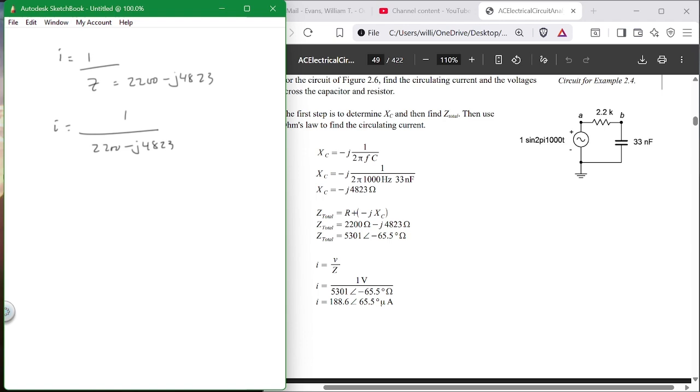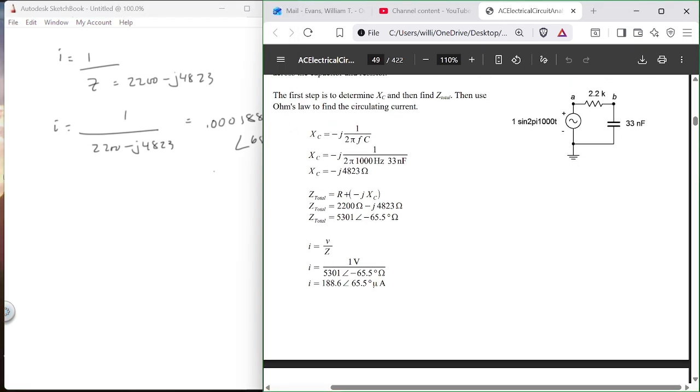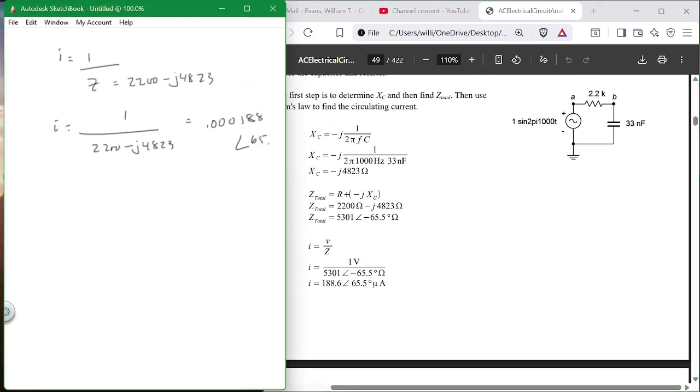Option down, 1 equals. What is that? 0.000188 at angle 65.48. Did everybody get that? Yes, sir.